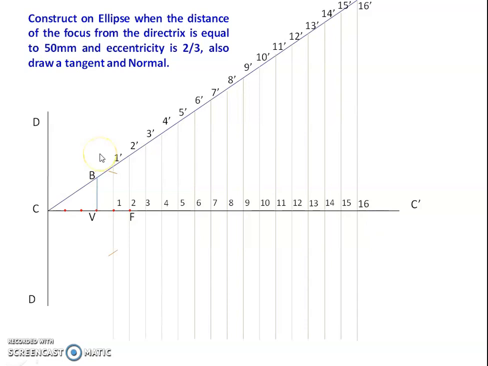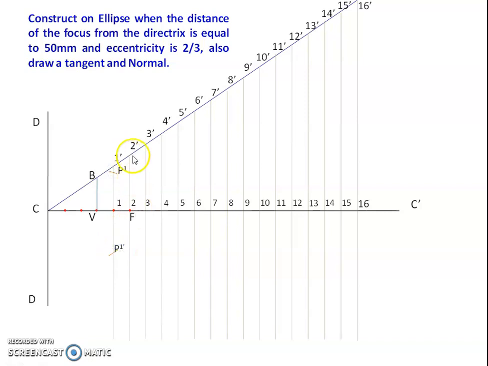Now take the distance from 1 to 1 dash, with F as the center, and make an arc above and below the axis line. Name the points P1 and P1 dash.